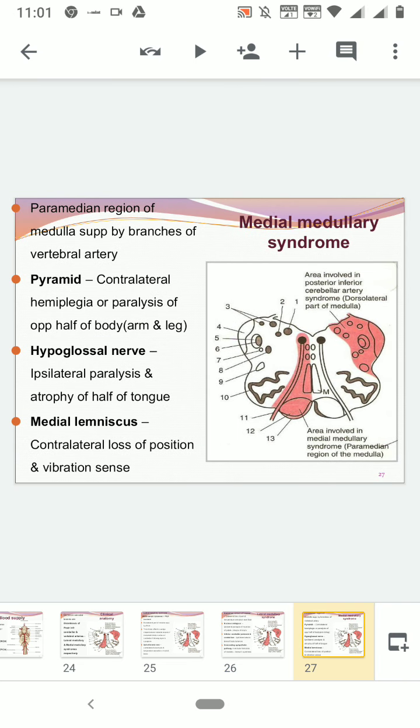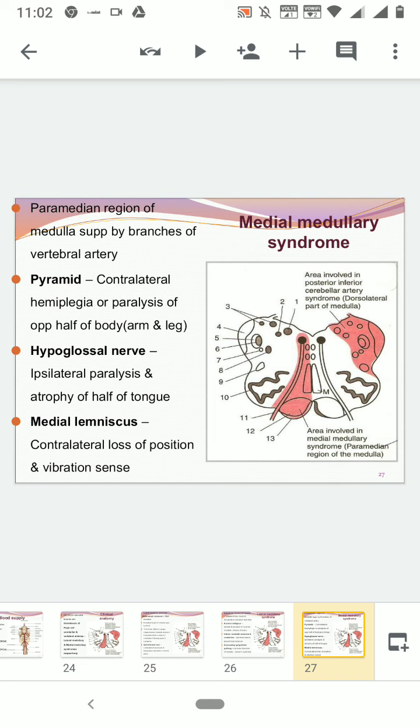Now let's see about the medial medullary syndrome. It will be affecting the median part of the medulla. So you have the pyramidal tract which is getting affected. So you have contralateral hemiplegia, or paralysis of the opposite half of the body. Remember, the pyramidal tract crosses in the lower part of the medulla oblongata.